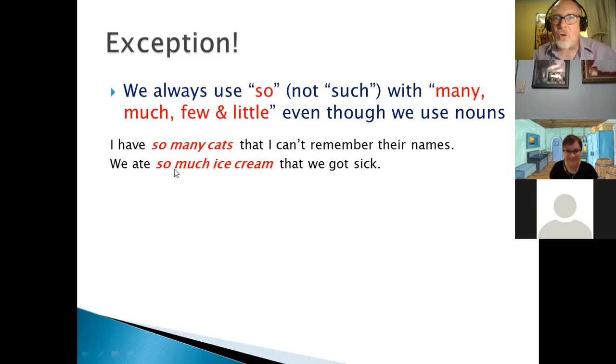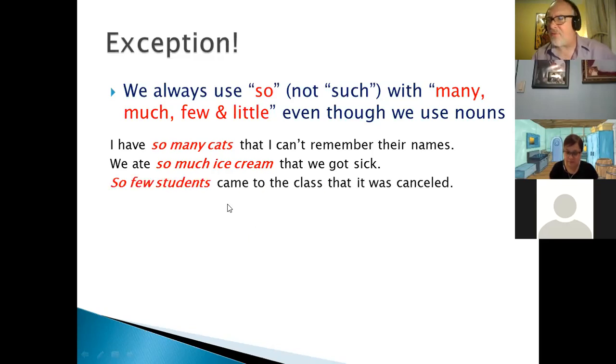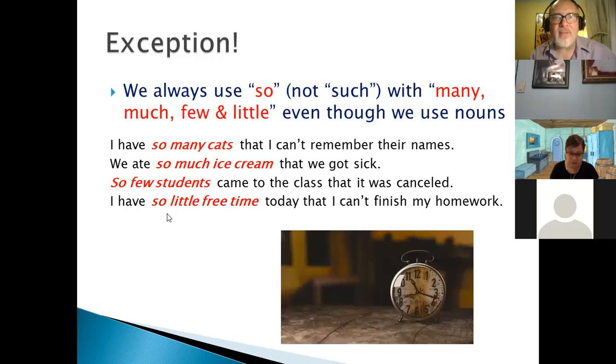We ate so much ice cream that we got sick. So much ice cream. So few students came to the class that it was canceled. Oh no. So few. I have so little free time today that I can't finish my homework.